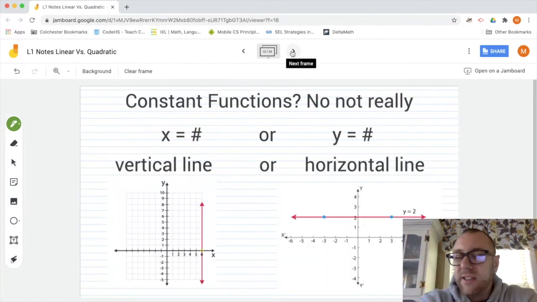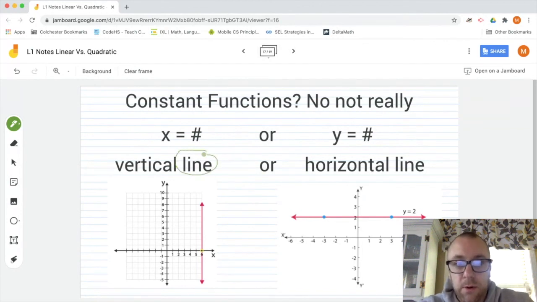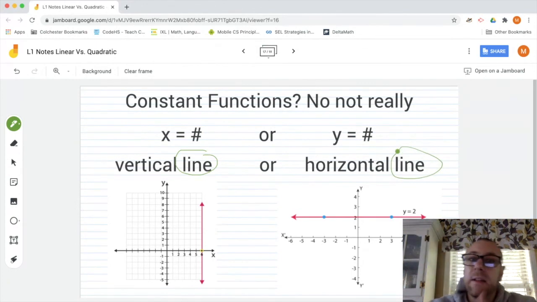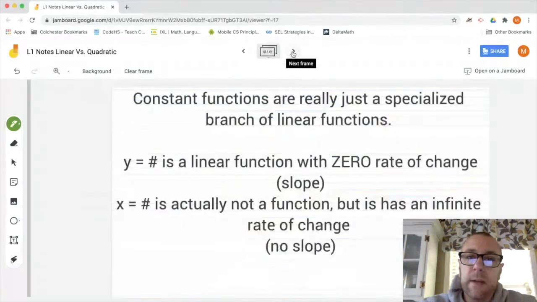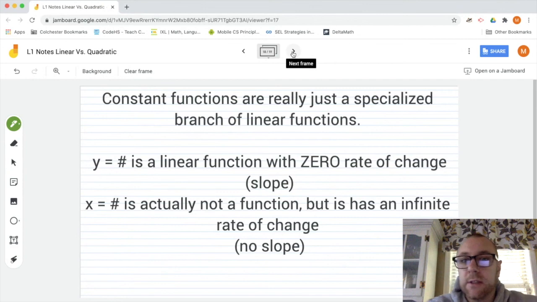So constant functions, there really aren't constant functions. You have actually graphed these. x equals a number, you'll notice, is a vertical line, or y equals a number is a horizontal line. You notice that they are both lines, which means they are technically linear because they form that straight line. And if we go back to linear functions, linear functions have a constant rate of change.